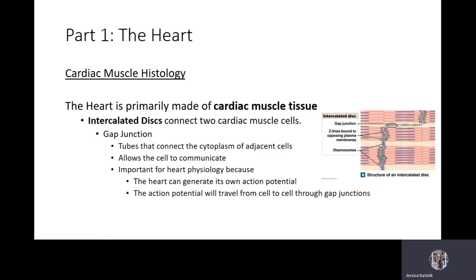And these intercalated discs are going to be regions in which the plasma membrane of these 2 cells will actually fold together on top of each other. This folding is essential because it increases the surface area of communication and attachment points for these 2 cardiac muscle cells. So the cells will actually fold over each other.